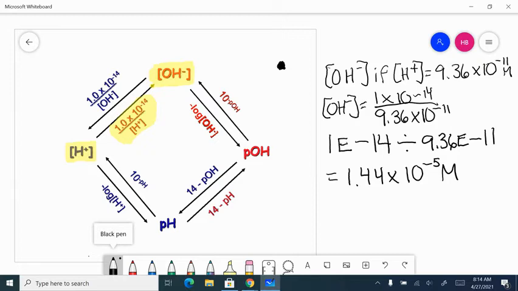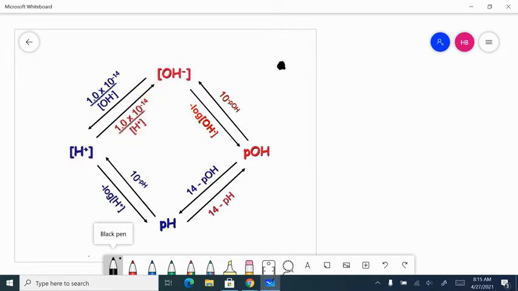Okay, let's do another problem. Another type of problem could ask us to find the concentration of H plus given the pH.